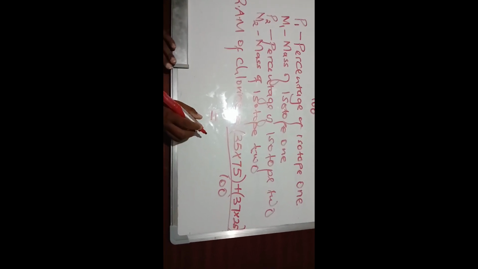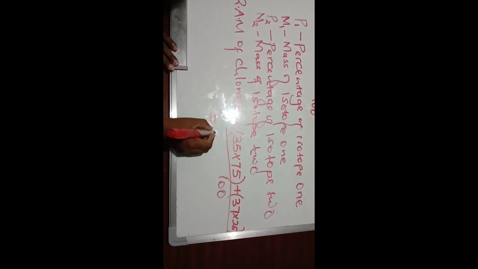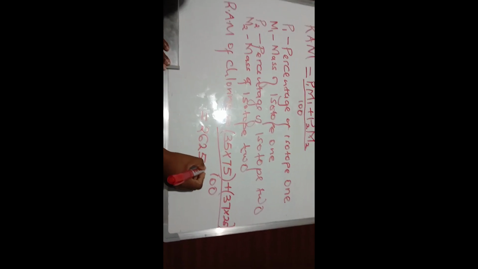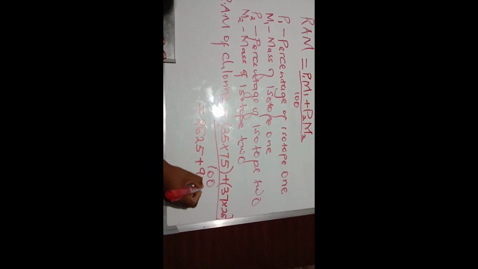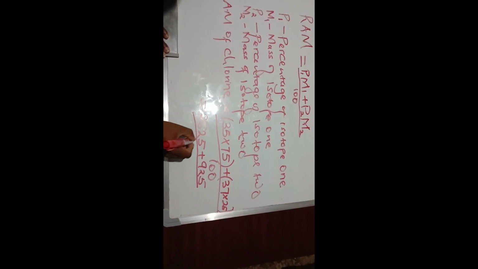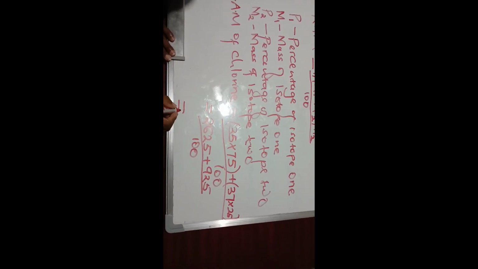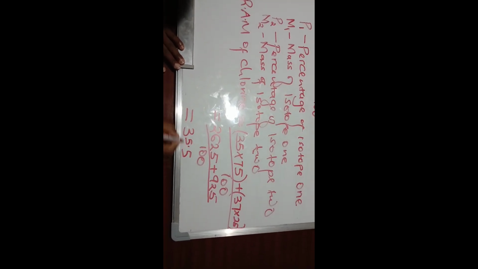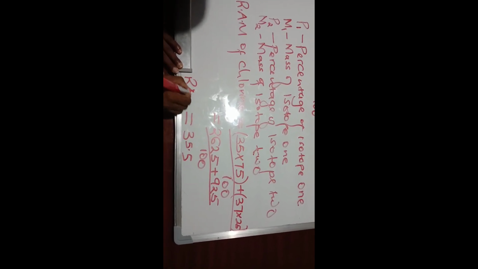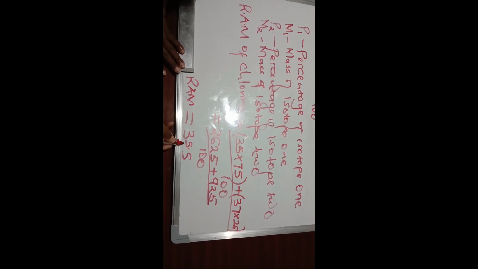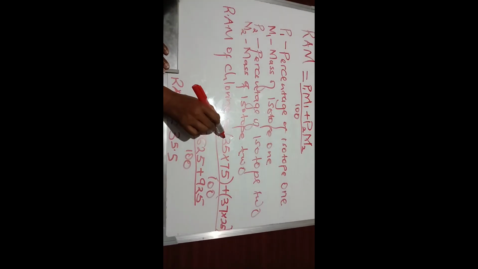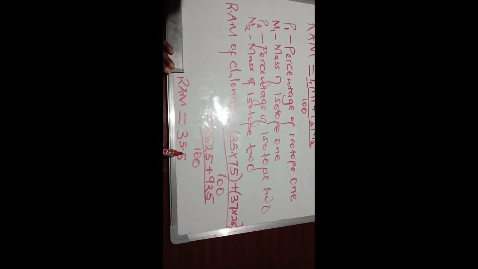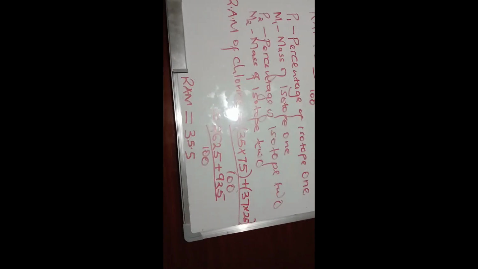From your calculator this gives 2625 plus 925 over 100. When you add this and divide by 100, you are going to get 35.5. So that is the RAM of chlorine. And you see it is closer to the most abundant isotope, which is 35, with a percentage of 75.